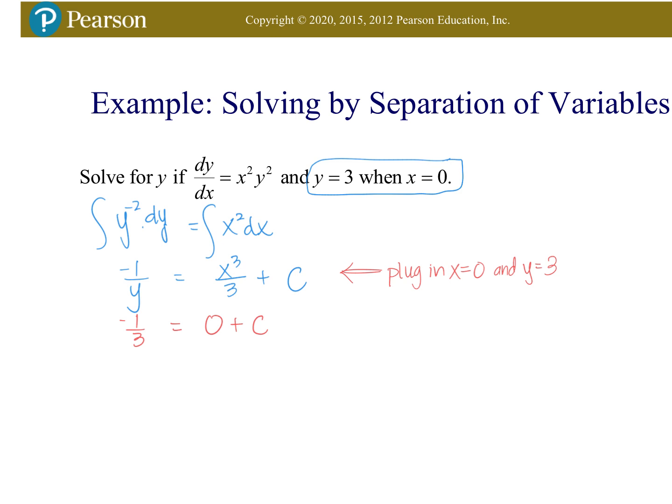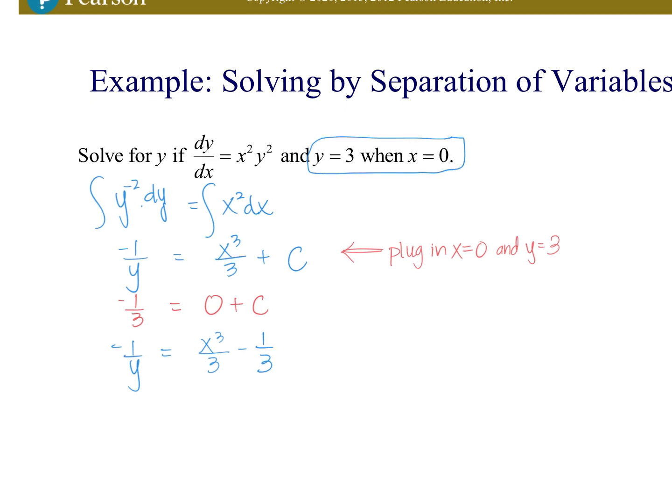So then I can go back to negative 1 over y equals x cubed over 3 minus 1 over 3, which would be better to write as a common denominator fraction. So let's go ahead and put this as x cubed minus 1, both together over 3.